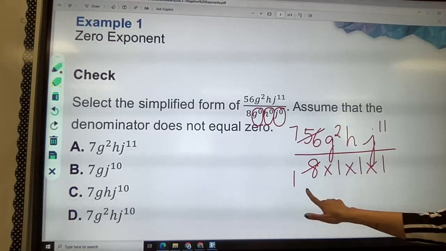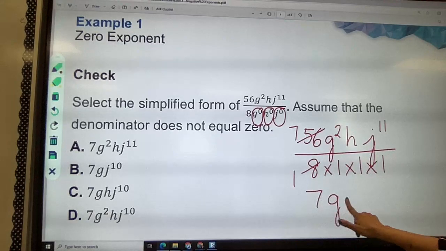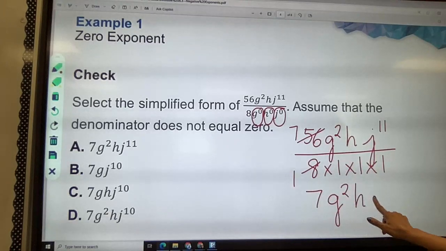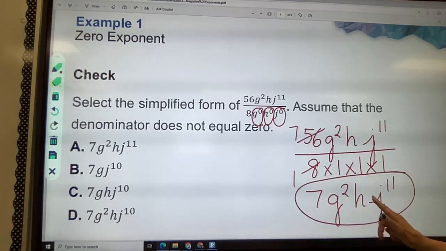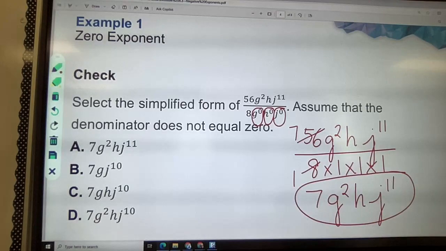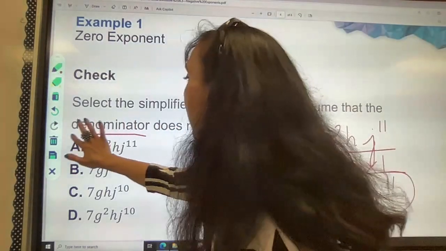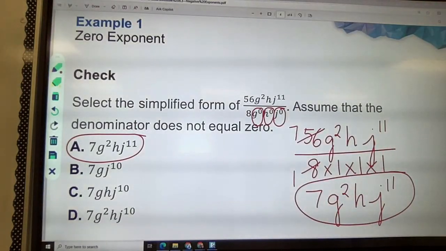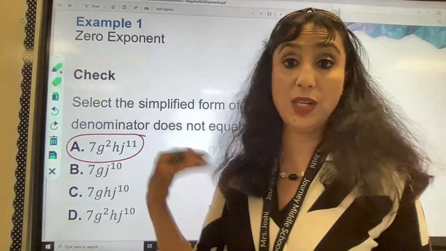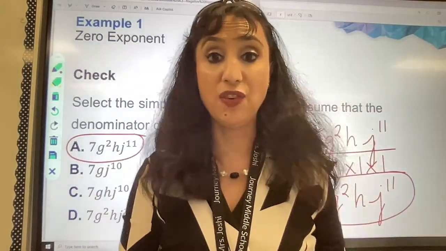I'm just left with 7 g squared h j raised to the 11th power, and this is my final answer, which would be A. So this was everything raised to the 0 power.